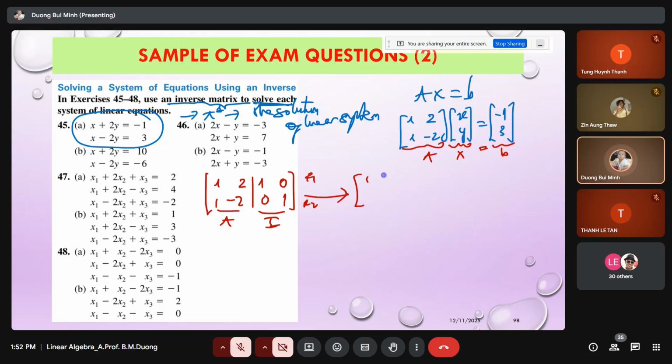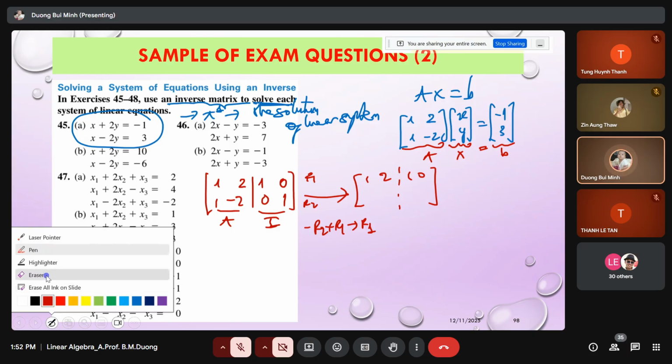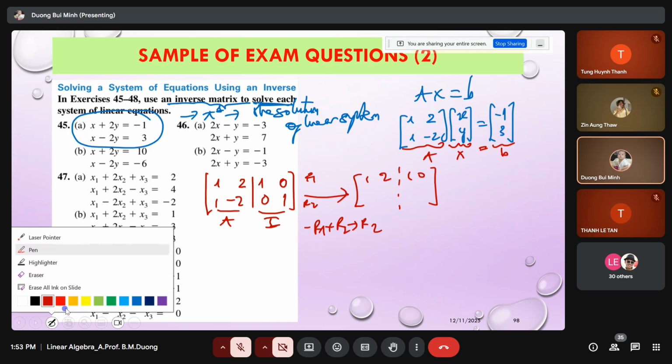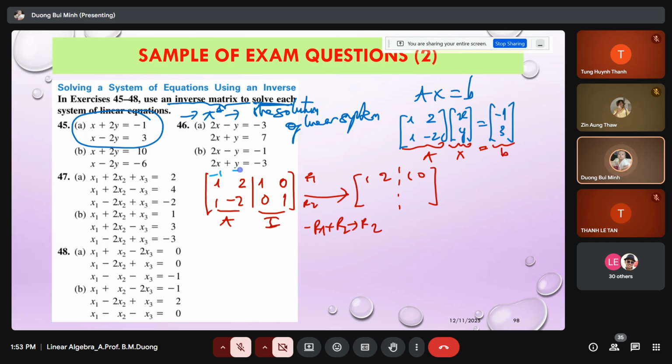If I take minus R1 plus R2 replaced to R2, here you get -1, -2, -1, 0. Plus R2, so you get here 0, -4, -1, 1.